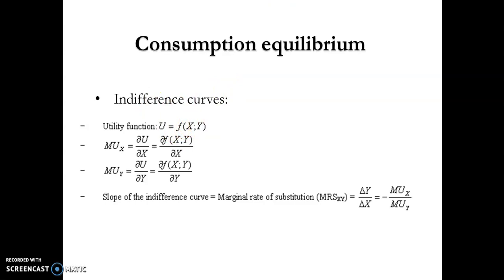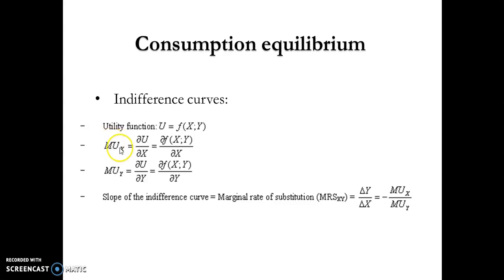So if I have a utility function, I want to maximize it and find the quantities of X and Y that will maximize my satisfaction. So given that this is a function of 2 independent variables, the first order partial derivatives can be determined, and there are 2 first order partial derivatives.